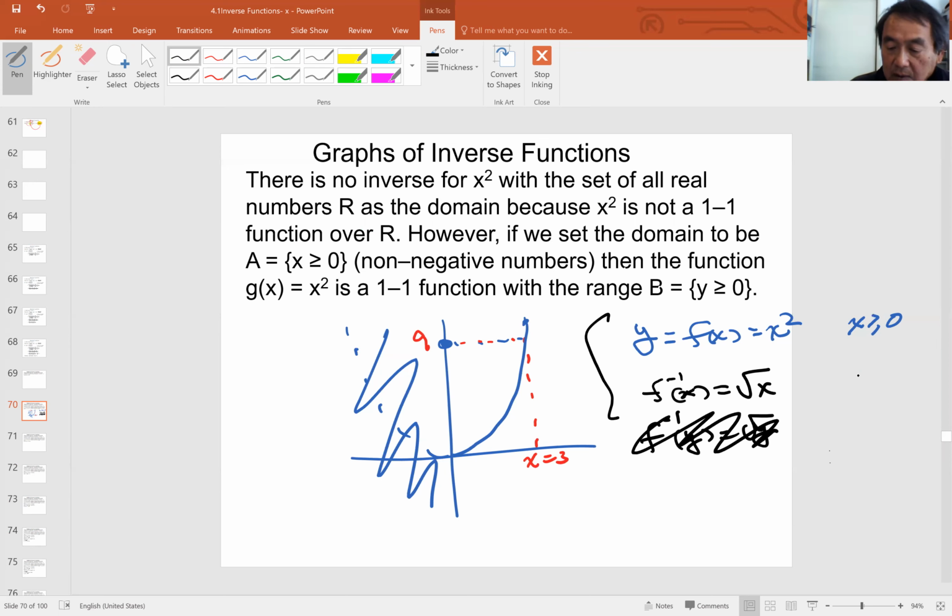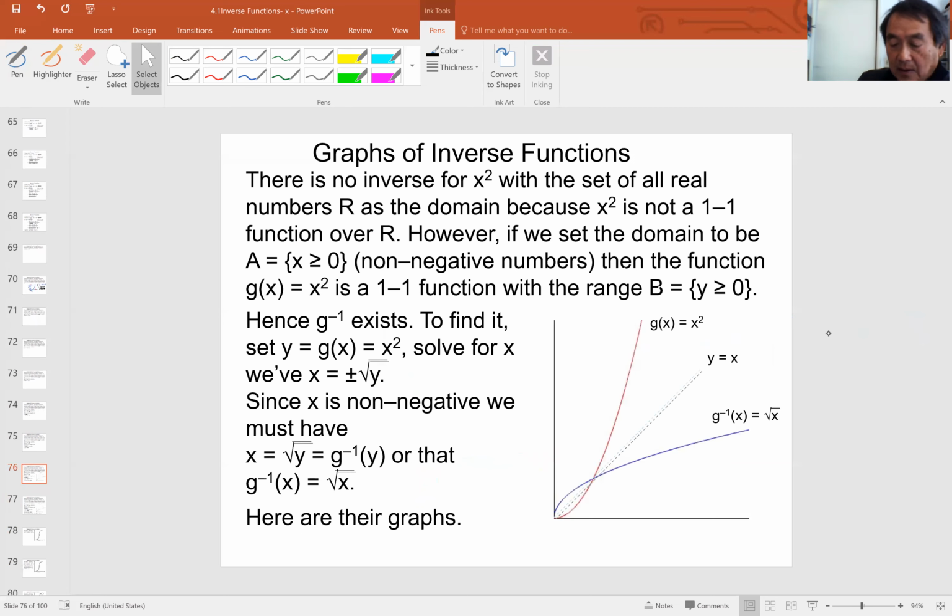Because I know the restriction of x has to be positive in the beginning, in this case the formula x squared does have an inverse. So whether the inverse exists or not depends on the domain, the stretch of the formula, the piece of the formula you're looking at. Okay, so that's very important.